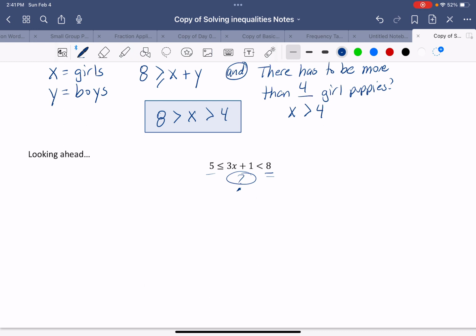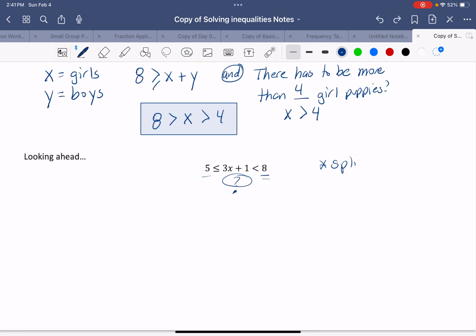Well, when you do this, you're going to split it into 2 equations. Okay, so split it into 2 equations. So on one side of my paper, I'm going to go 5 is less than or equal to 3x plus 1.